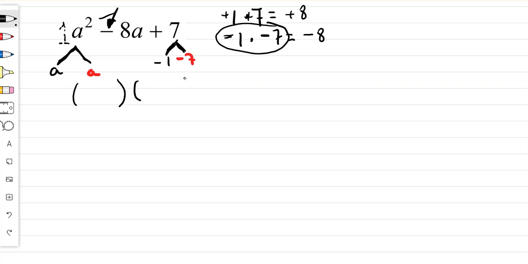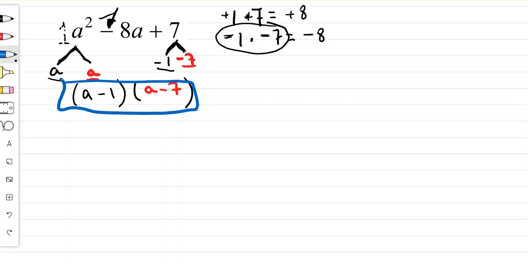So I have a left set of parentheses and a right set of parentheses. In the left set, I'm going to write this a and this negative 1. And in my right set, I'm going to put in this a and this negative 7. Here's the deal. This will be your answer if it checks out.